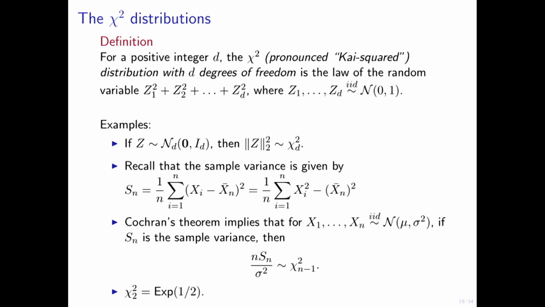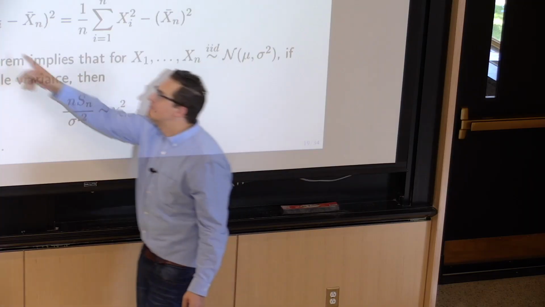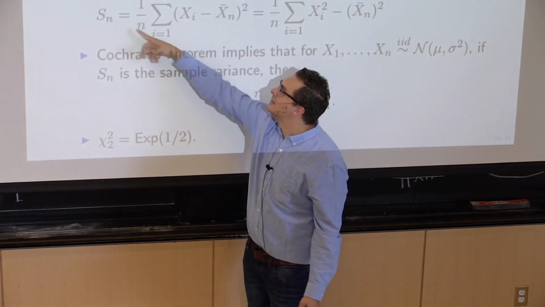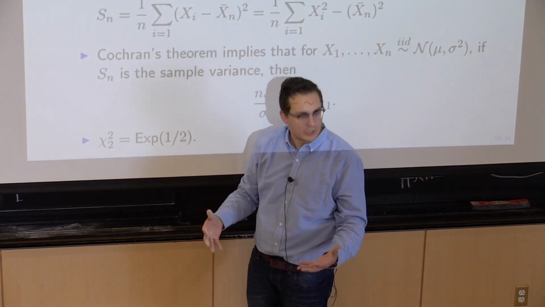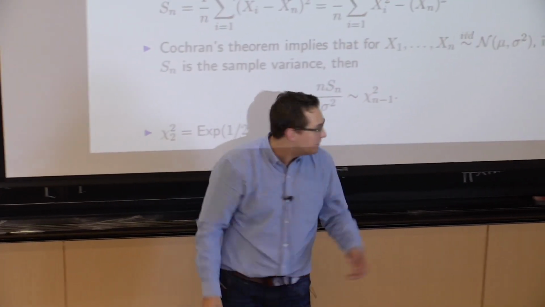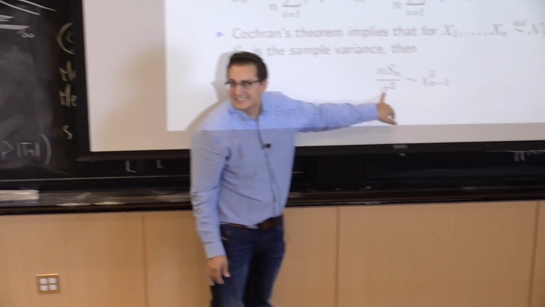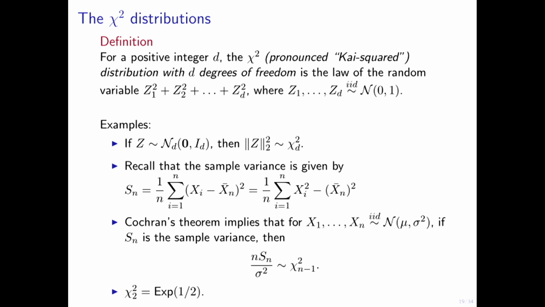So without loss of generality, I can assume that mu is equal to 0. Now the variance I'm going to have to pay for, because if I multiply all these numbers by 10, then this S_n is going to be multiplied by 100. So this thing is going to scale with the variance, and not surprisingly, it's scaling like the square of the standard deviation. So S_n is distributed as sigma squared times the chi-square with n minus 1 degrees of freedom, divided by n.